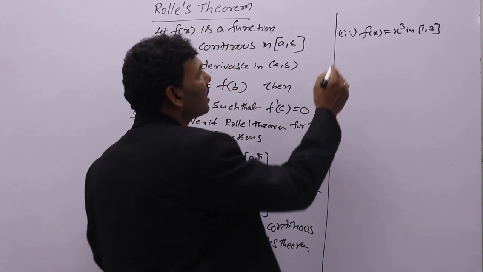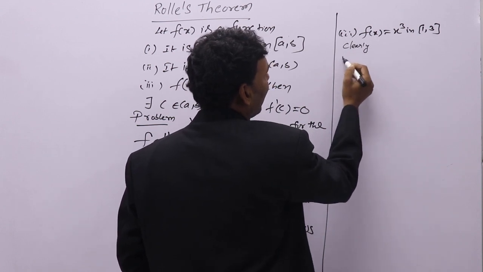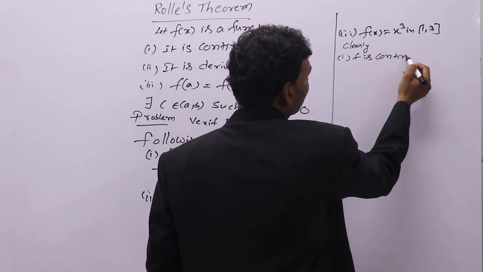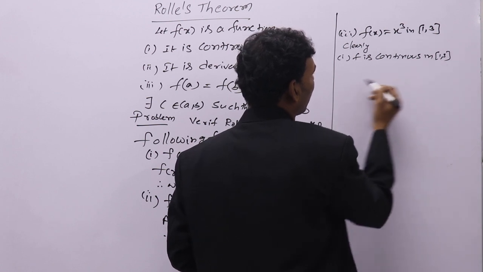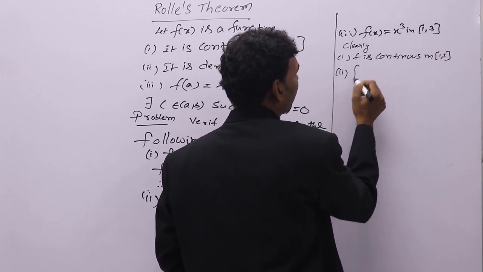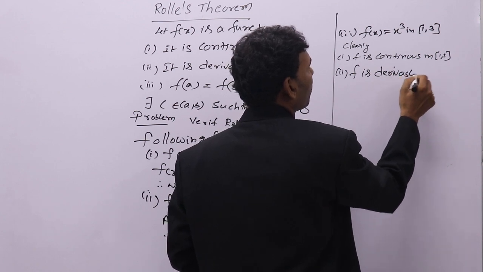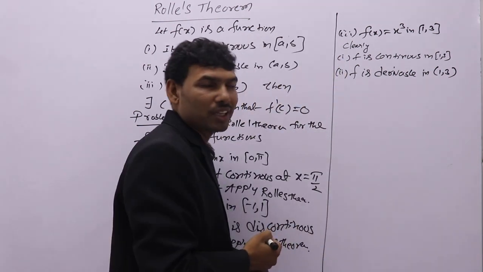What does it mean? F is a polynomial. So clearly one can understand f is continuous in closed interval 1, 3. Second one, f is derivable in open interval 1, 3.